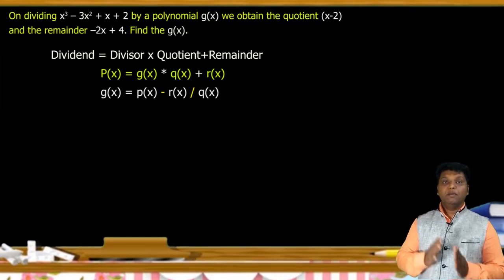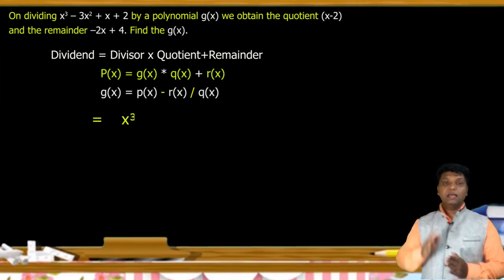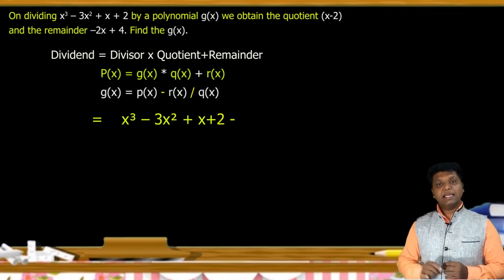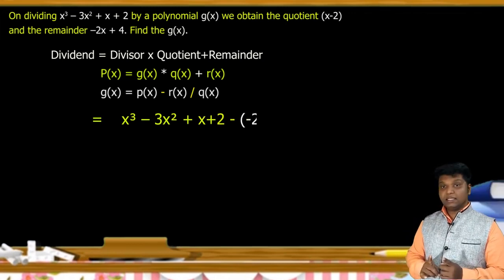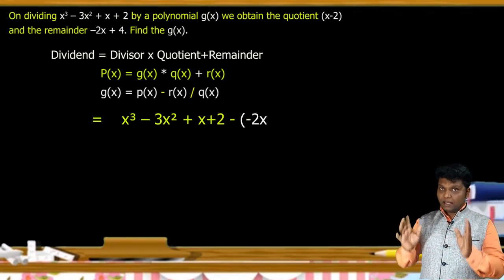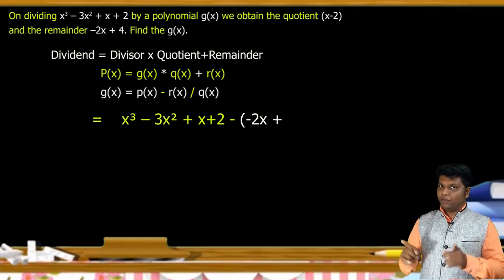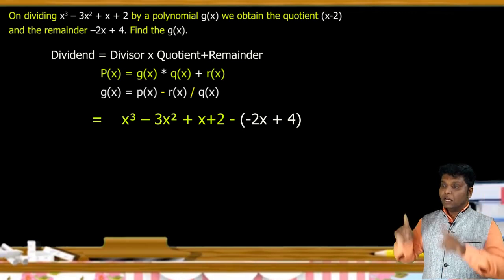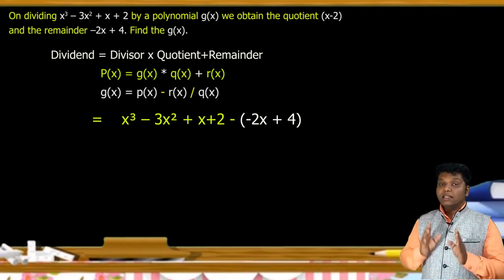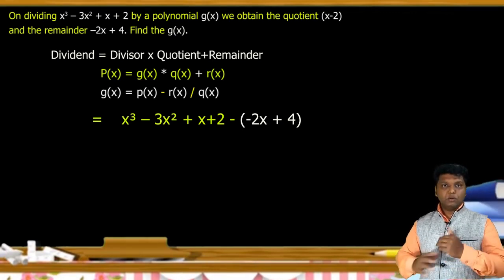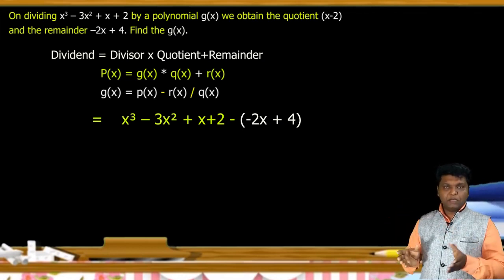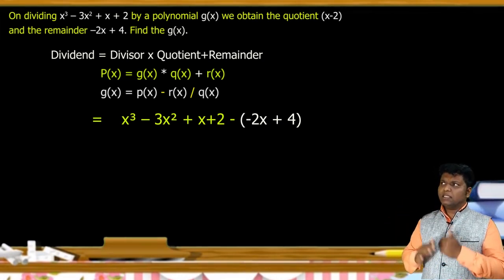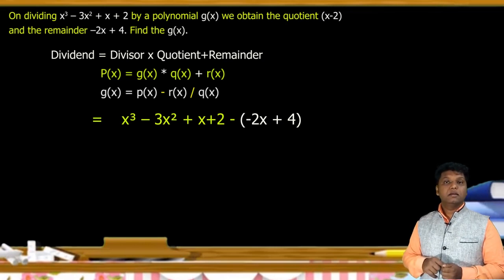Instead of p of x, we will write x cube minus 3x square plus 3x minus 2 minus, then after minus another term is there, so we will put it within brackets. Forget not, whenever you are writing a term after minus, you have to put the bracket, because some students, if they forget to put these brackets, at the last will forget to multiply with this minus.